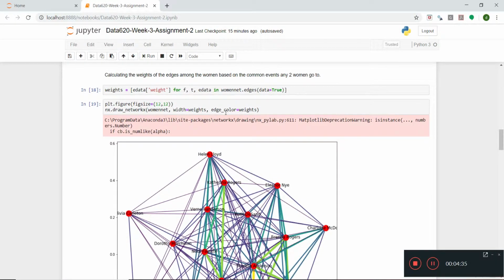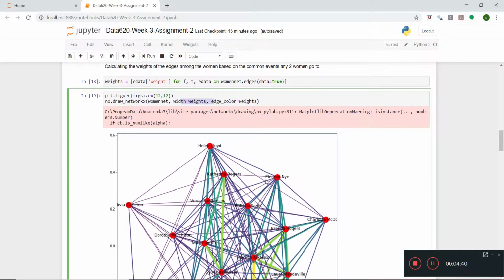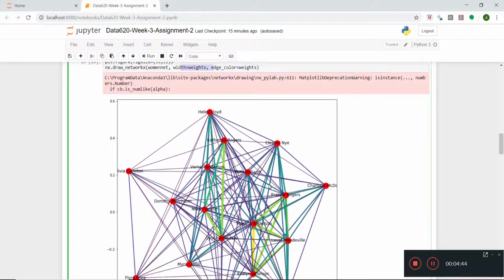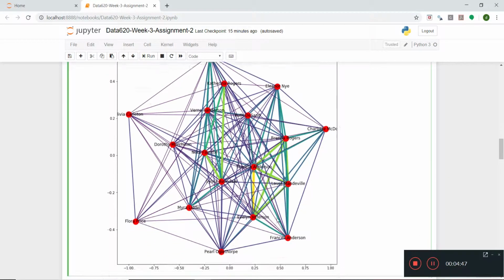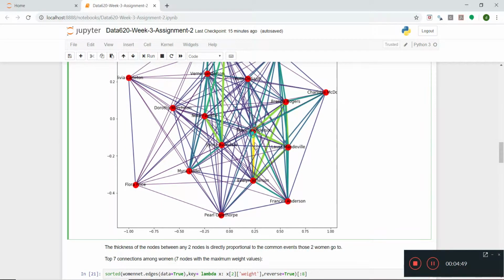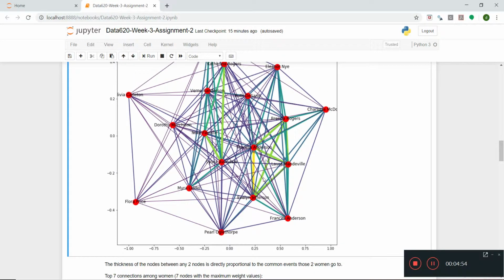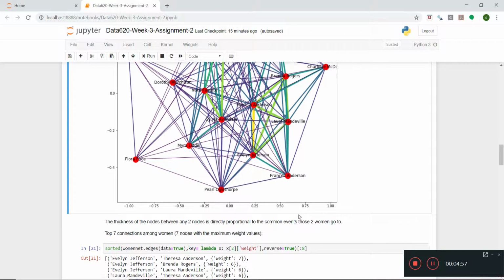We've used the thickness or width of the edges based on the weights of the edges. If you see here, this is the thickest line, the yellow one. That means Theresa Anderson and Evelyn Jefferson were the most connected women; they went to the biggest number of common events that any two women went to.